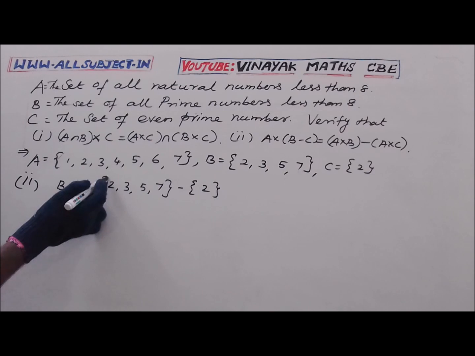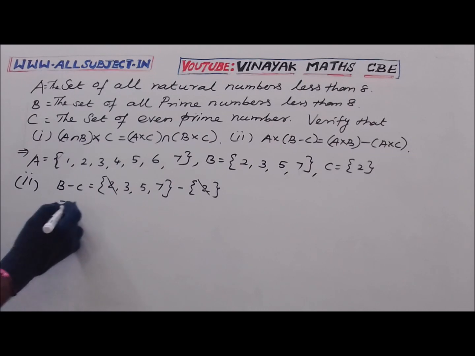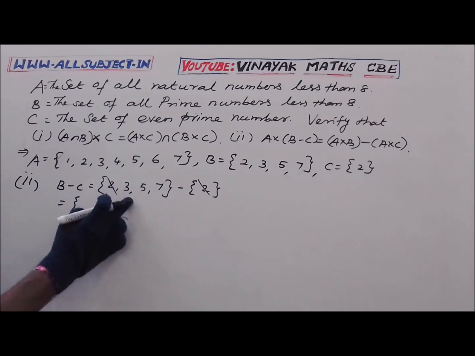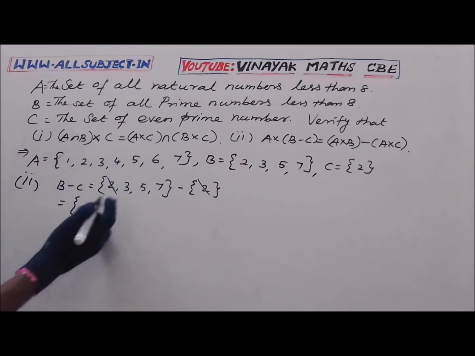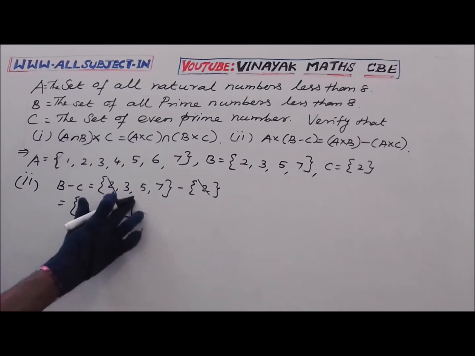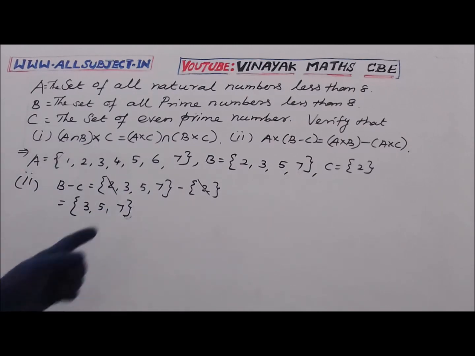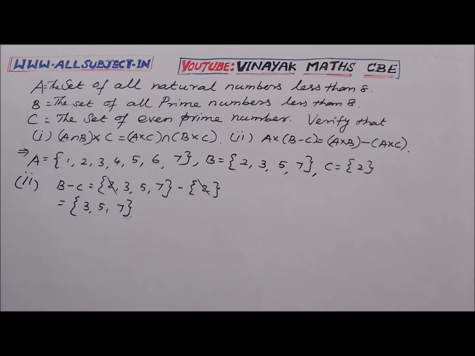Now cross out the element present in both sets B and C, then write the remaining elements of the first set. That is B minus C: 3, 5, 7. The common elements present in both sets are subtracted, and the remaining elements of the first set are written as B minus C.